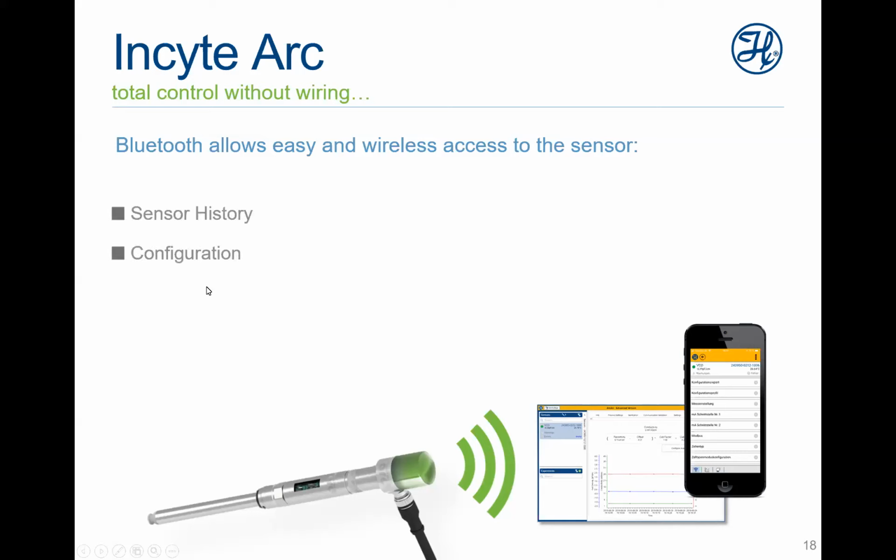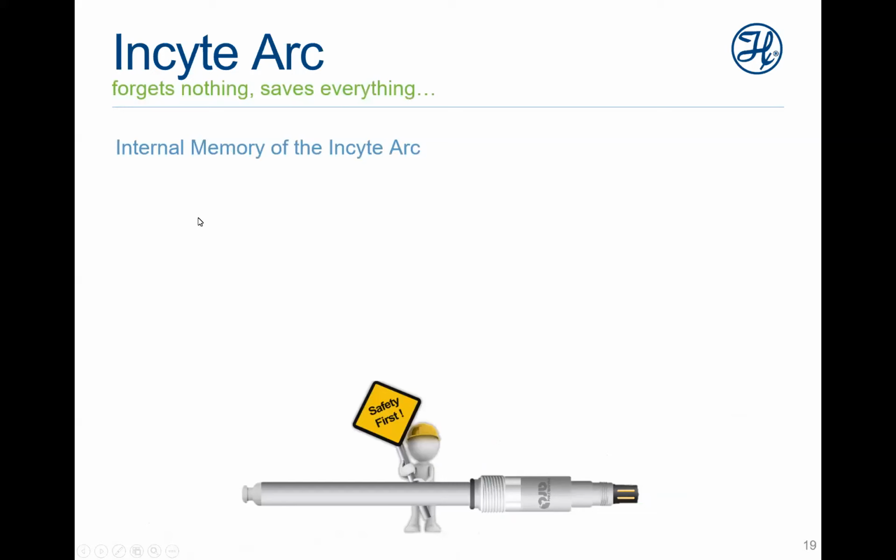You can see the sensor history, the configuration, the current status, and of course the online measurement data. And again, it's very helpful in case of troubleshooting or for a quick control. The internal memory of the Incyte Arc is also a very helpful feature because all measurement data can be stored in this internal memory in the sensor head, parallel and independent of the data transfer to a process controller.